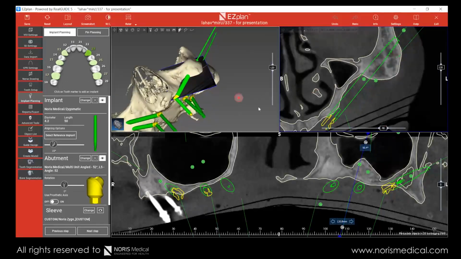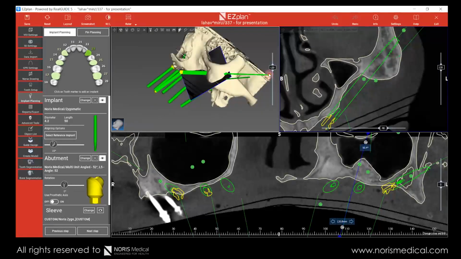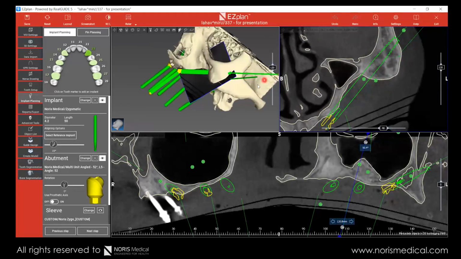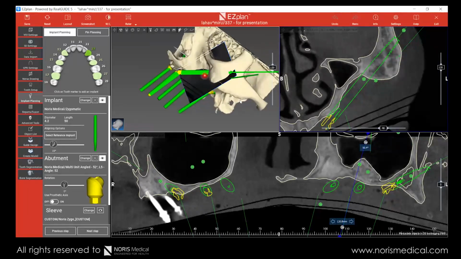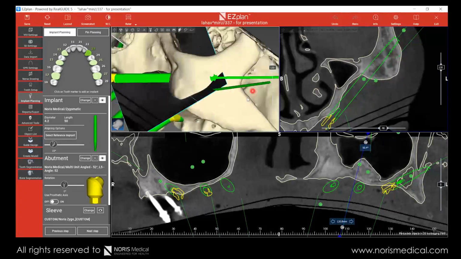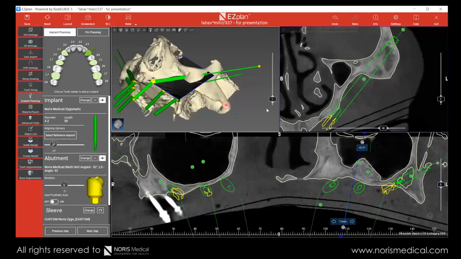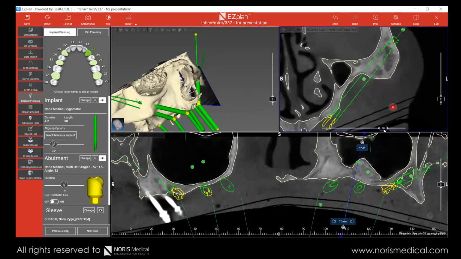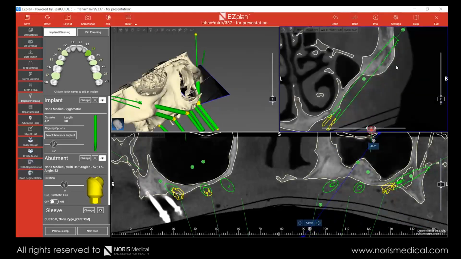Actually, we could take this implant higher up. Let's see if we can do that. Let's see what's happening. Suppose we did it this way. We're still close to the orbit. Let's take it out a little bit.